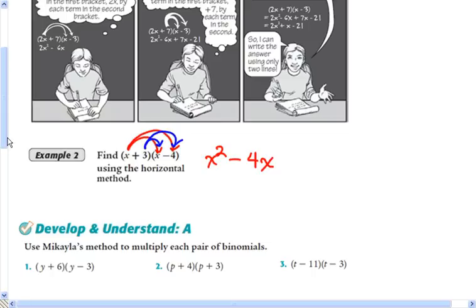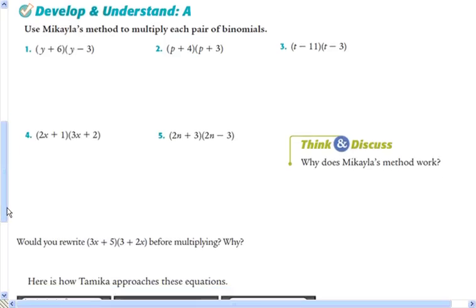So we're going to do 3 times x. And then we're going to do 3 times minus 4, which gives us minus 12. Then we're just going to simplify. So we get x squared minus 1x minus 12. All right? Let's do one more example like that.